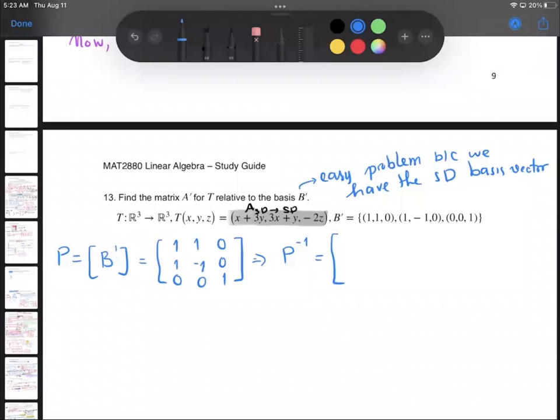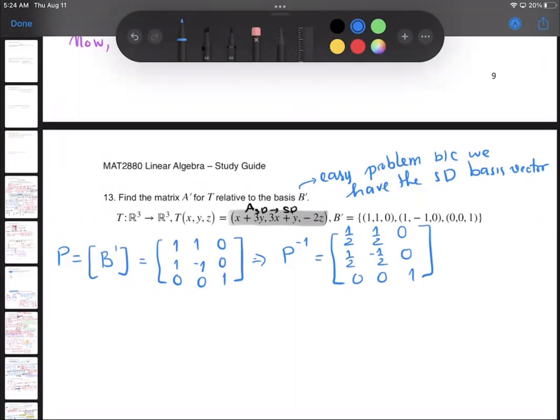I got 1/2, 1/2, 0, 1/2, negative 1/2, 0, 0, 0, 1.